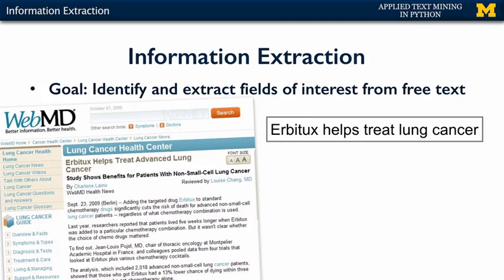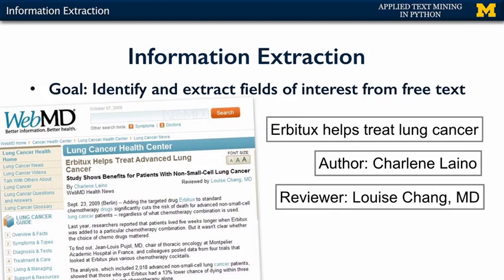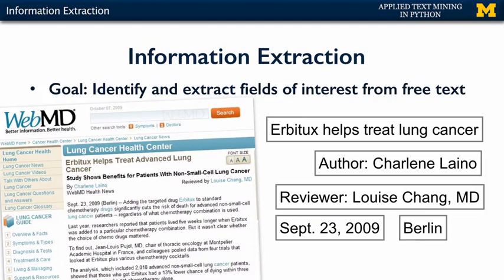But this web page has more information than just the headline. It has some information about who wrote this article, or who reviewed this article, or when it was published, or the place it was published from, and so on.